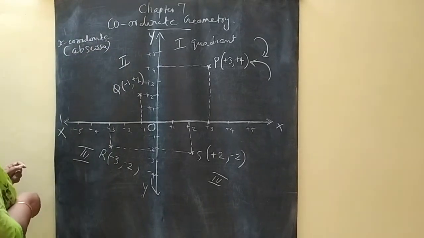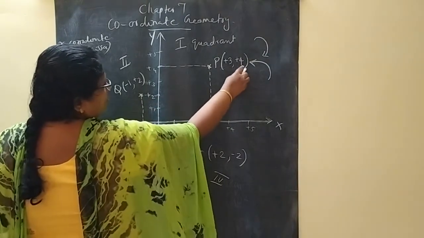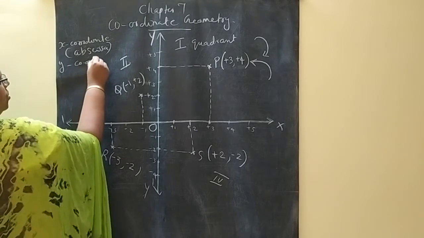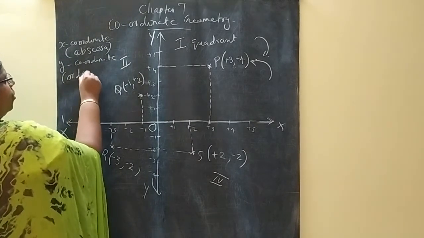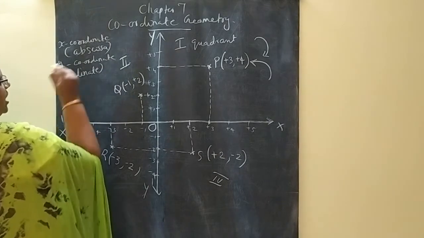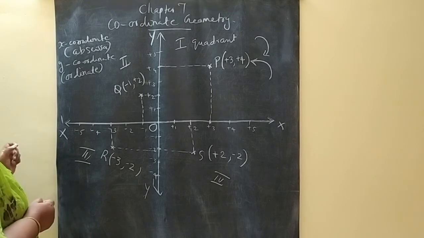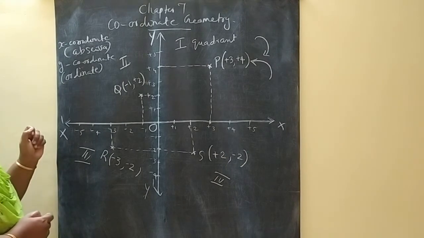X coordinate, another name is abscissa. And the second value is known as y coordinate. Y coordinate, its another name is ordinate. So this and all you have to learn by heart. X coordinate is known as abscissa and y coordinate is known as ordinate.